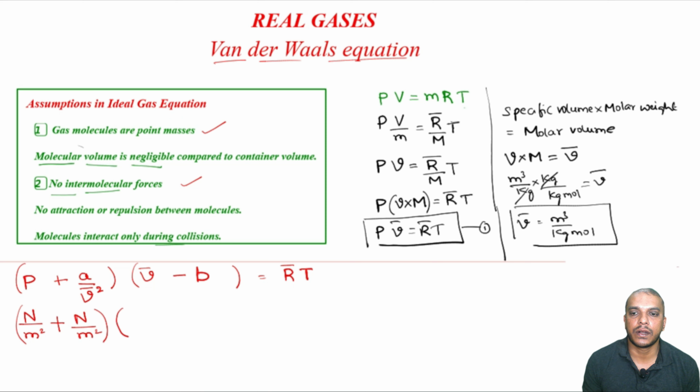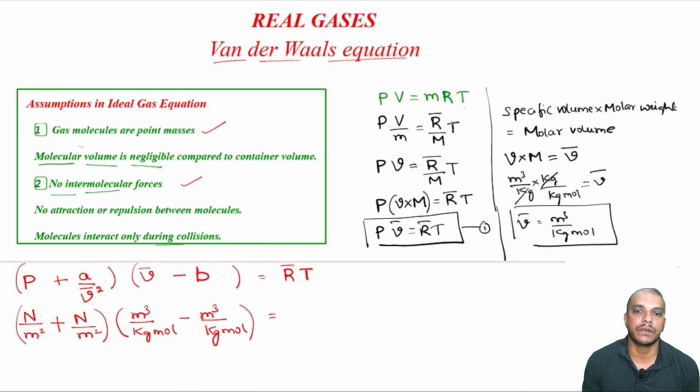Similarly, V bar is in meter cube per kg mole, so the term B should also be of the same unit. No doubt, if we are adding or subtracting with the other term, the unit of B also should be meter cube per kg mole.